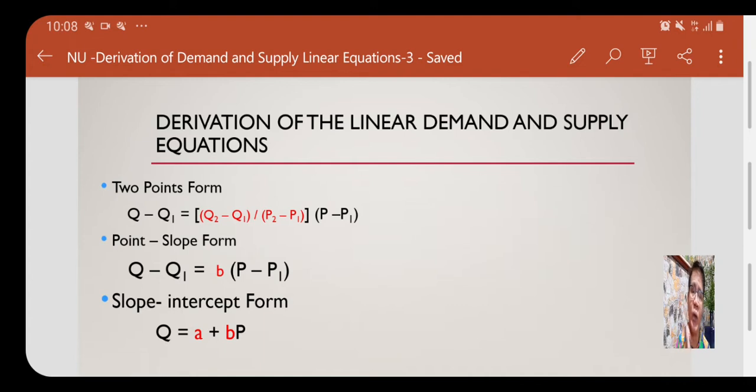Now, take note that the b stands for the slope, and the slope is the change in the dependent variable over change in the independent variable, so that the slope is given by the equation q2 minus q1 all over p2 minus p1.